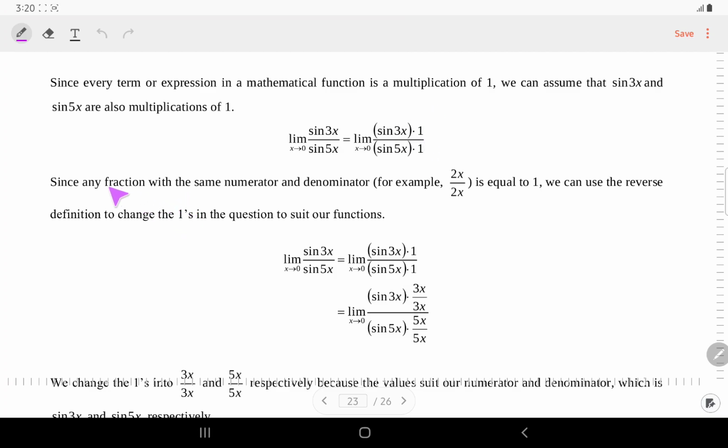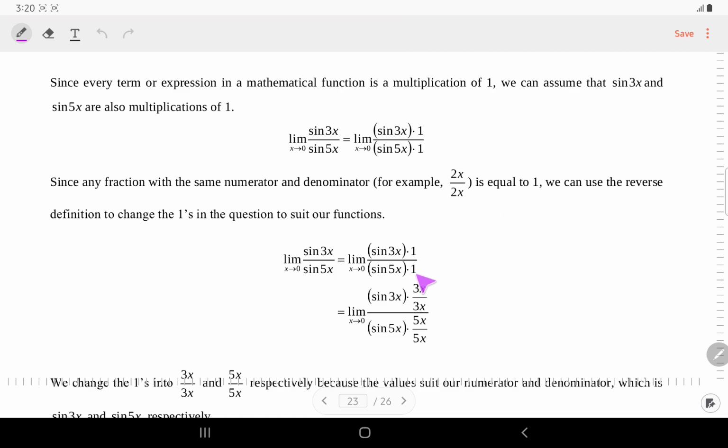Since any fraction with the same numerator and denominator, for example 2x divided by 2x, can be cancelled to equal 1. So even if we put x squared here and x squared here, it doesn't matter, because it cancels to equal 1 and becomes the original function. We can put anything, even 3x here and 3x there is no problem.